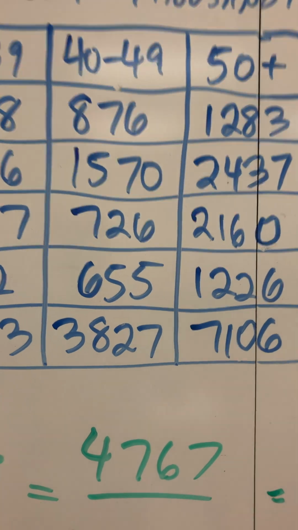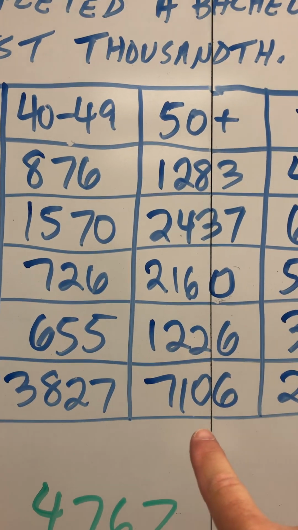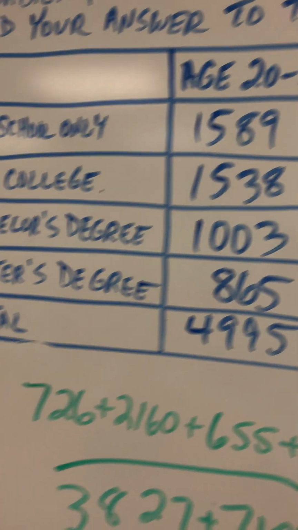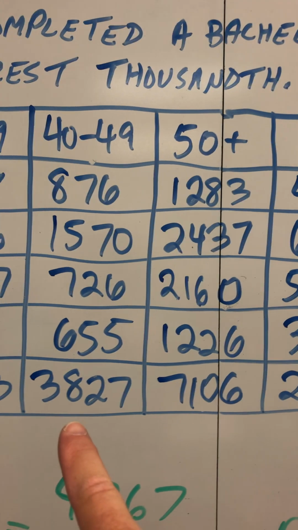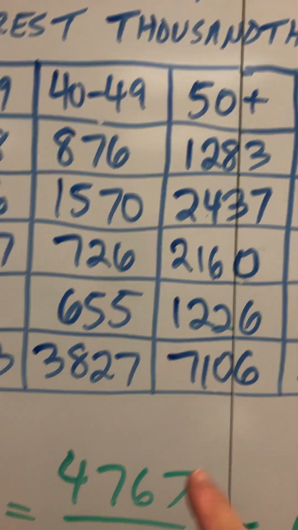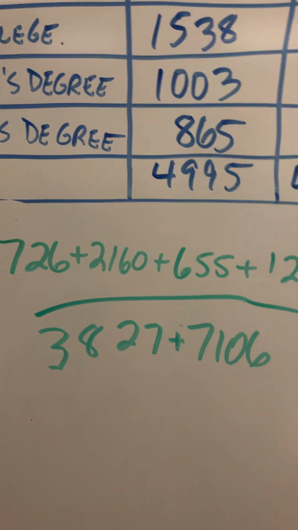So you're going to add these two numbers together, the 3827 and the 7106. That's the total, right? The total is the 3827 plus 7106, and that number goes on the bottom, okay?